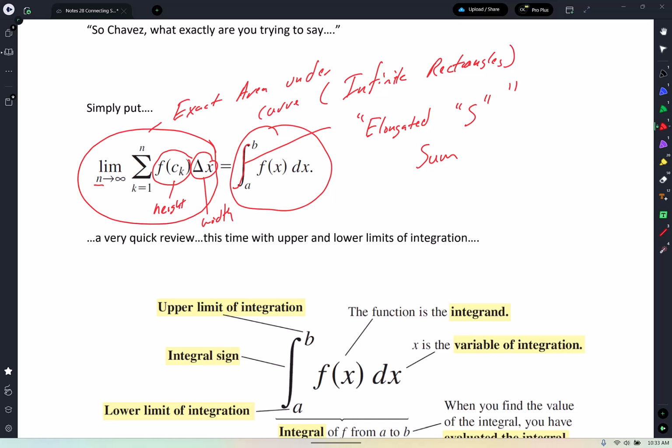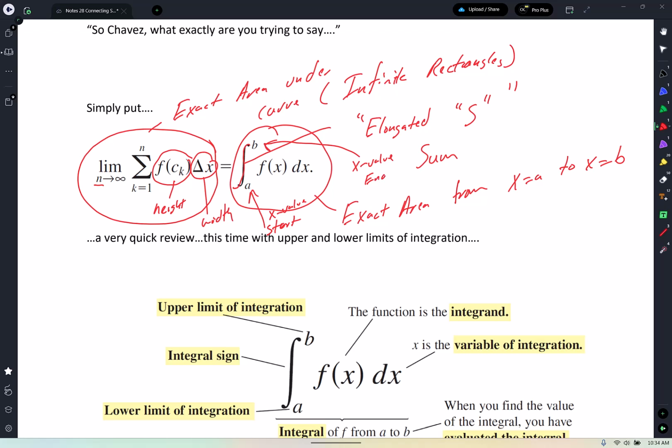You're adding an infinite amount of rectangles. So it means exact area as well. Exact area from x equals a to x equals b. So this is your start, the x value start. And this is your x value end.